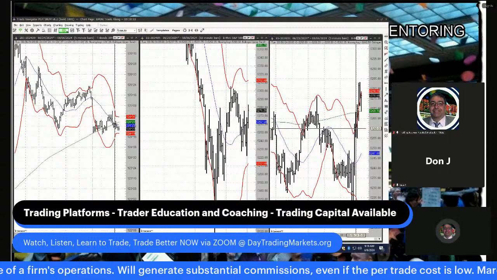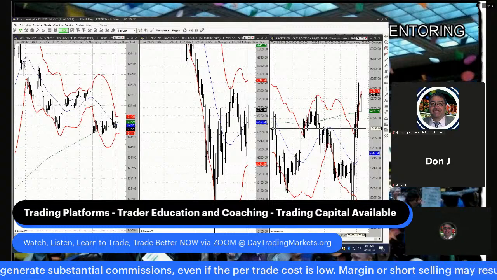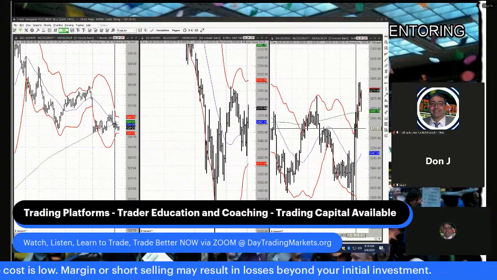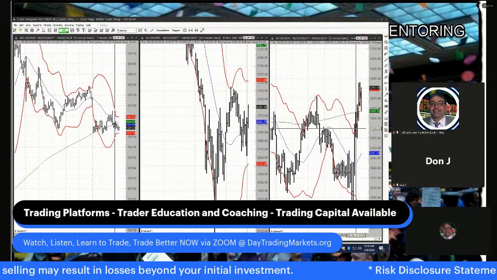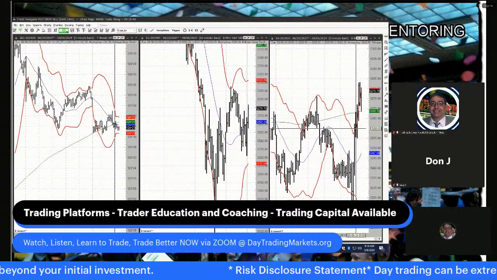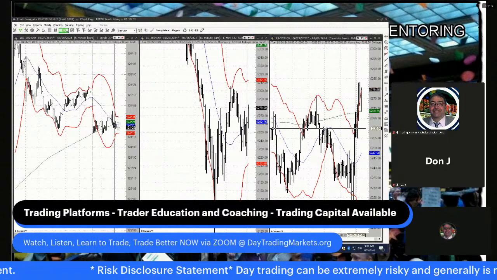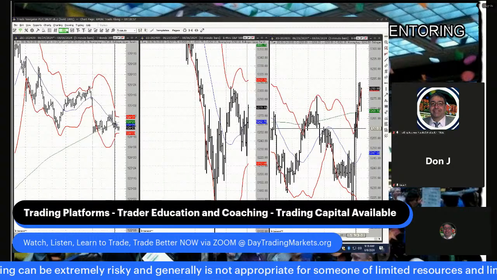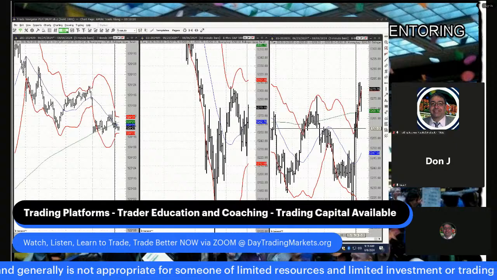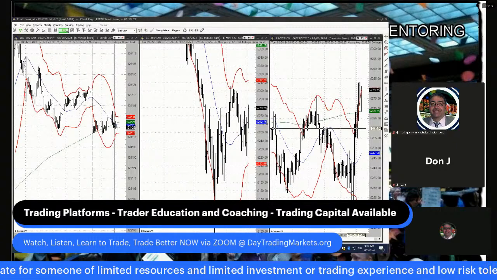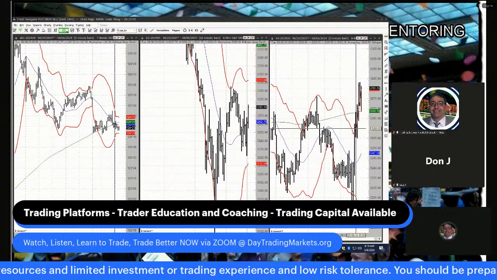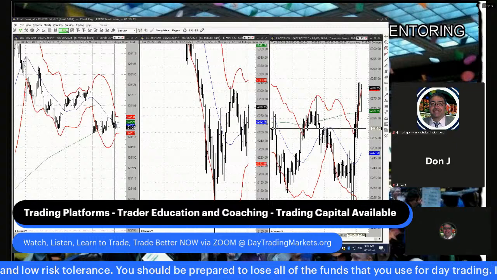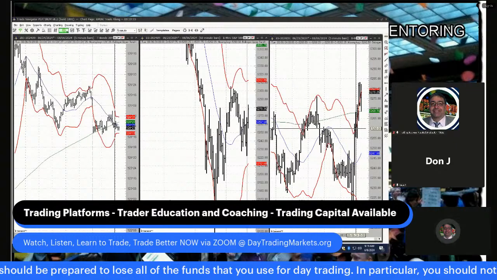All right, we got down to the 69 area there and bounced back up. The next area we're going to be focused on would be around the 87 area. We got right up to 82 and change, and we'll see where it wants to go from here.